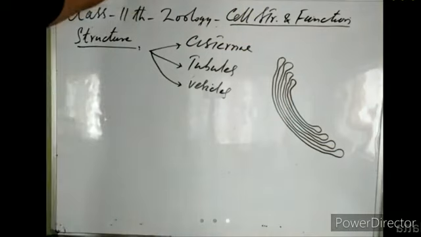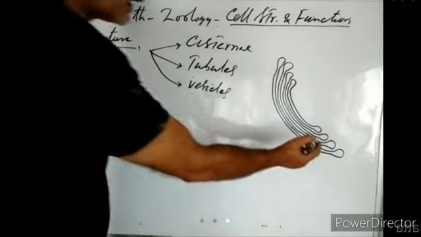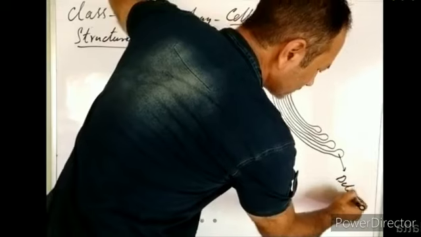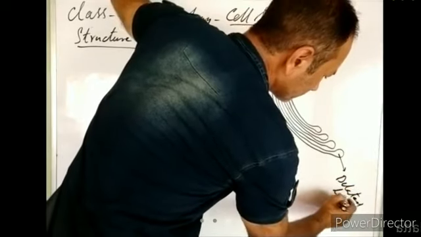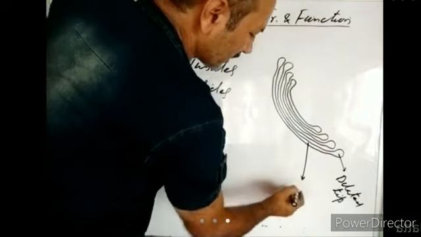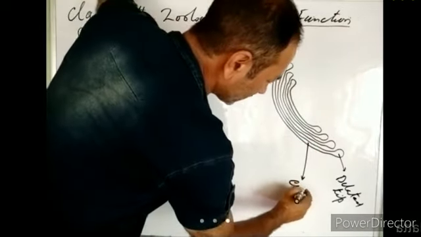So these ball-like or sac-like structures, which have dilated tips, are known as the cisternae. This is the dilated tip.